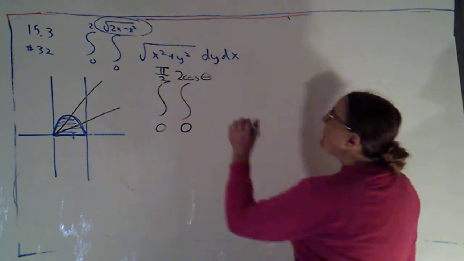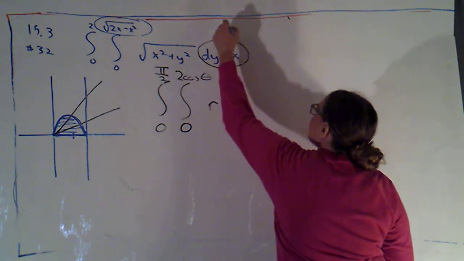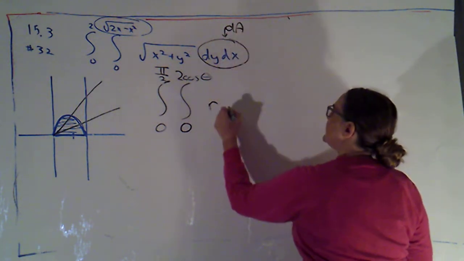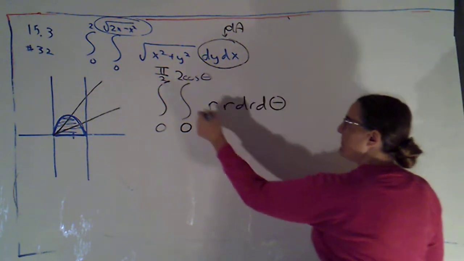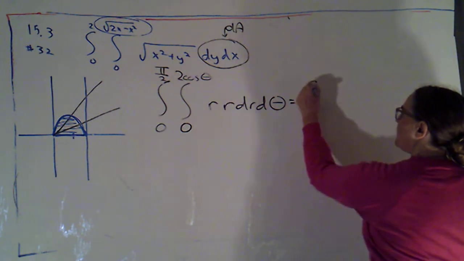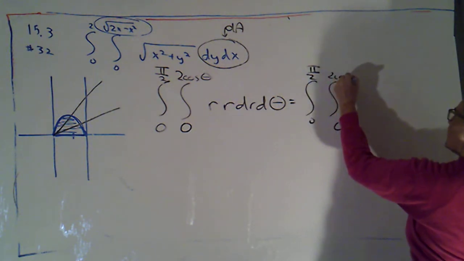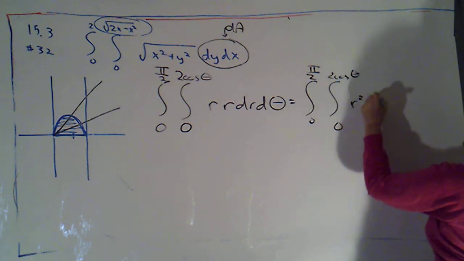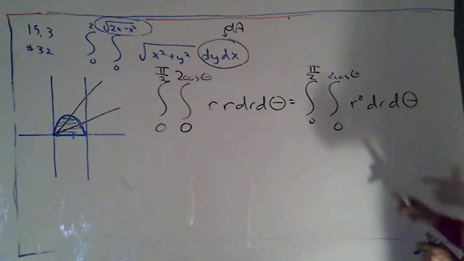Okay, then we're integrating this, which is just r. Of course, that's just dA, but dA is r dr d theta. So when I combine the two r's, we end up integrating from 0 to pi over 2, from 0 to 2 cosine of theta, r squared dr d theta. Excellent.